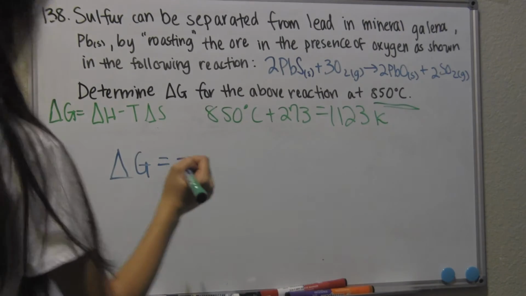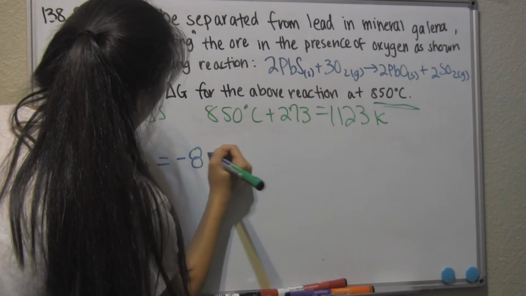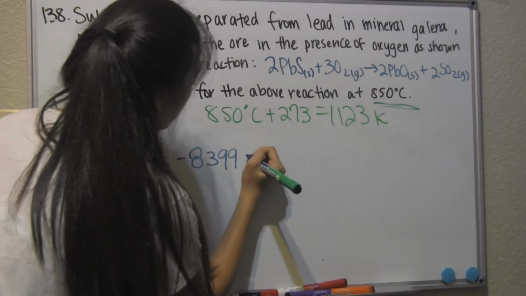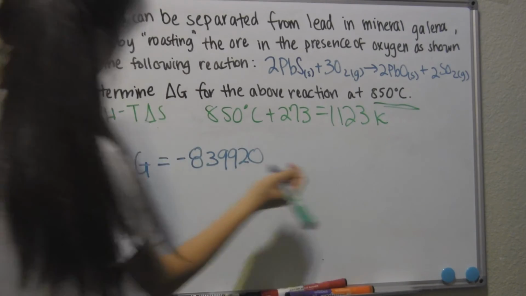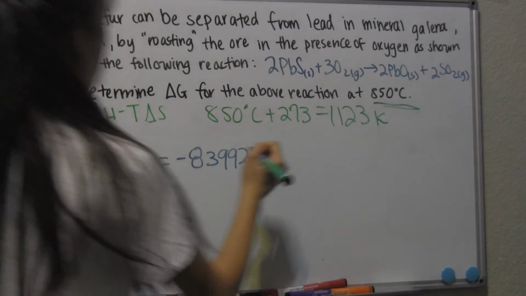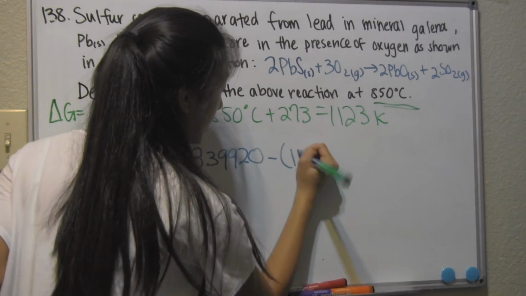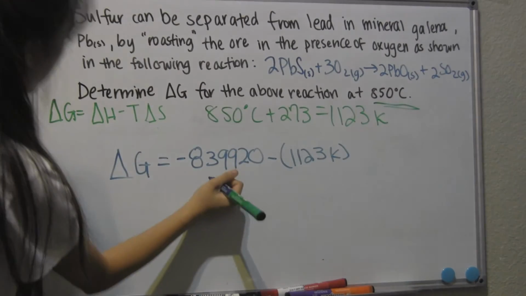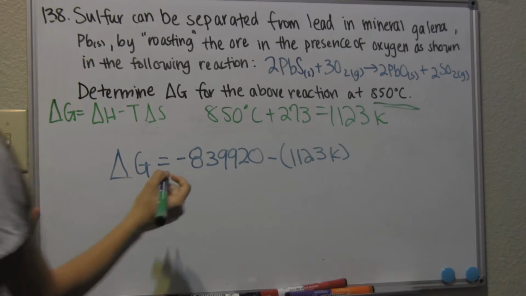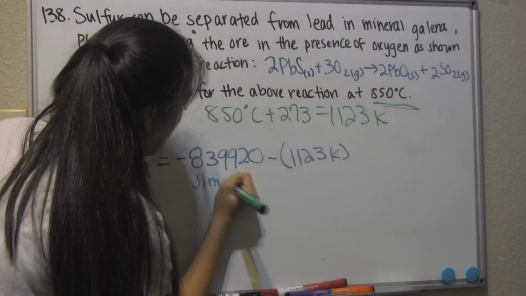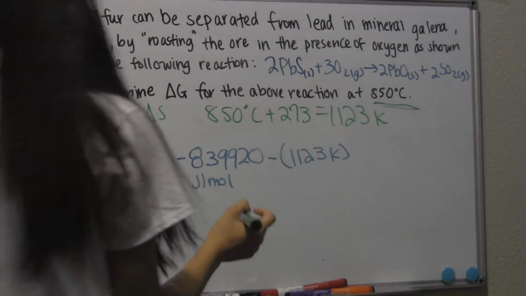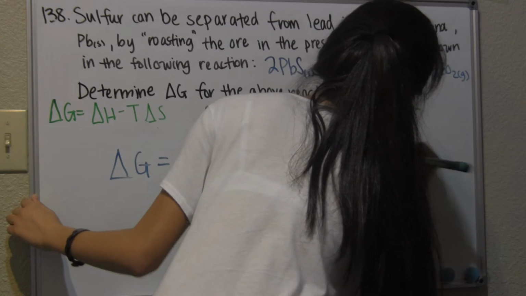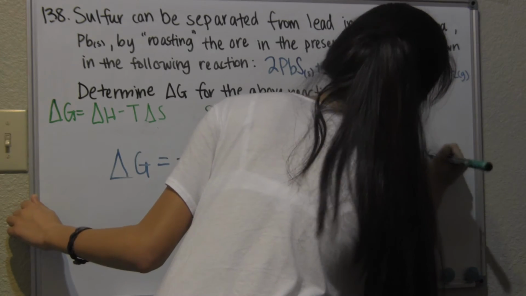negative 839,920 minus the temperature, which is 1123 Kelvin, and this one right here is joules per mole, times negative 161.5 joules per Kelvin mole.